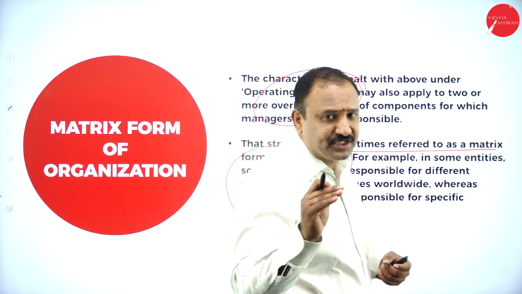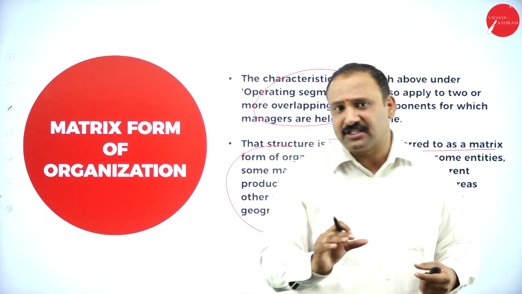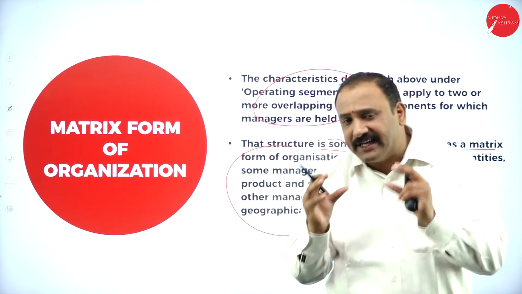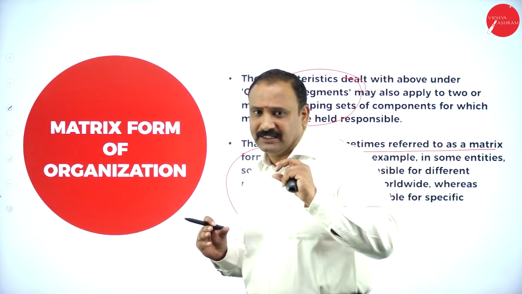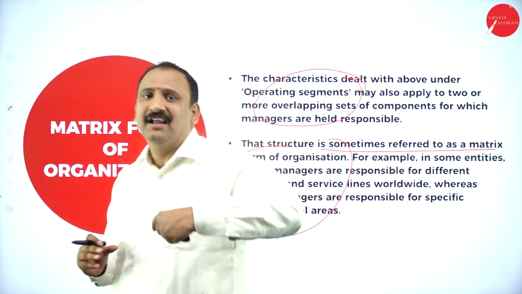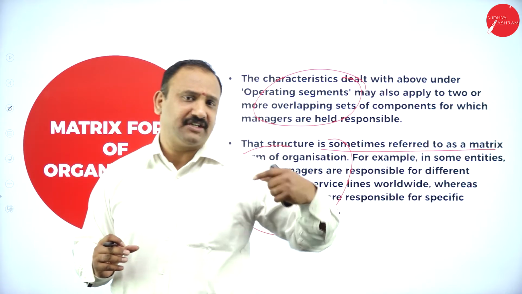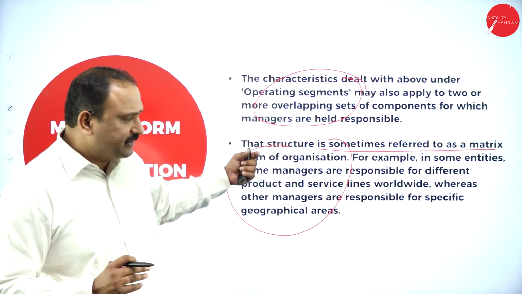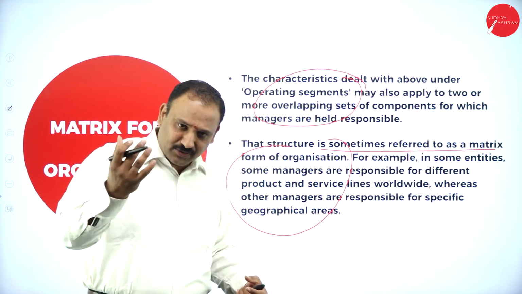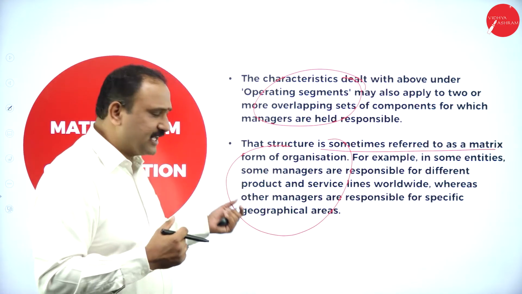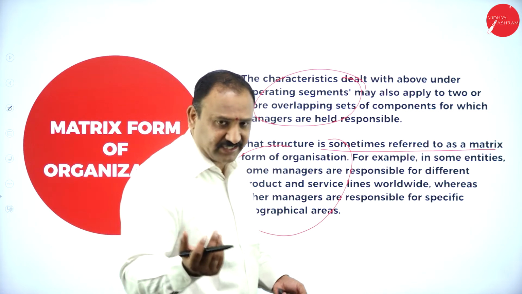So the matrix form is quite a complicated form of reporting, where multiple people from different locations and different standards come back to us in telling us how exactly the services sector will work.